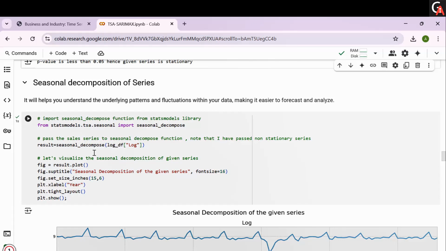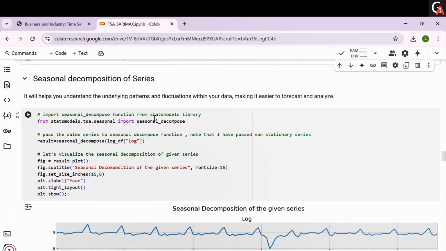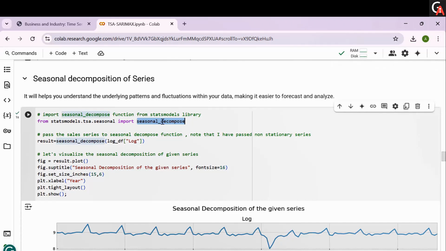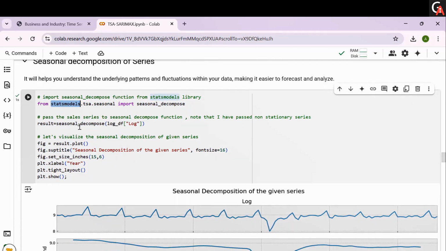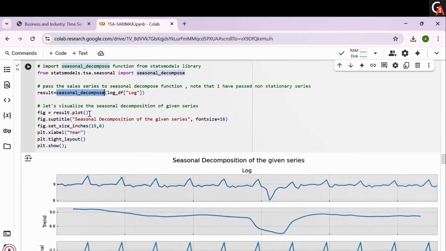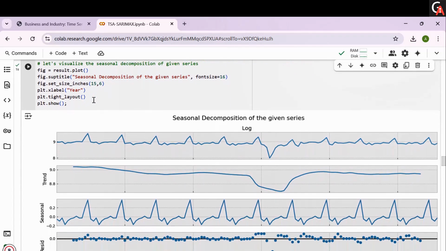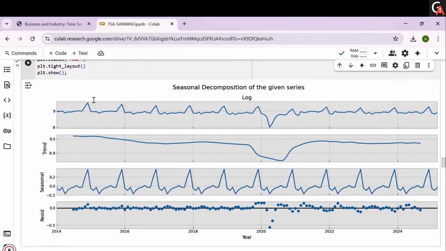Third one is the seasonal component, and fourth one is the residual component. So for that I have imported this seasonal decompose function from the statsmodels library. After that, I have given the same logarithmic series, which is not a stationary one, to the seasonal decompose function. And let's try to see what the seasonal decomposition function has given us.